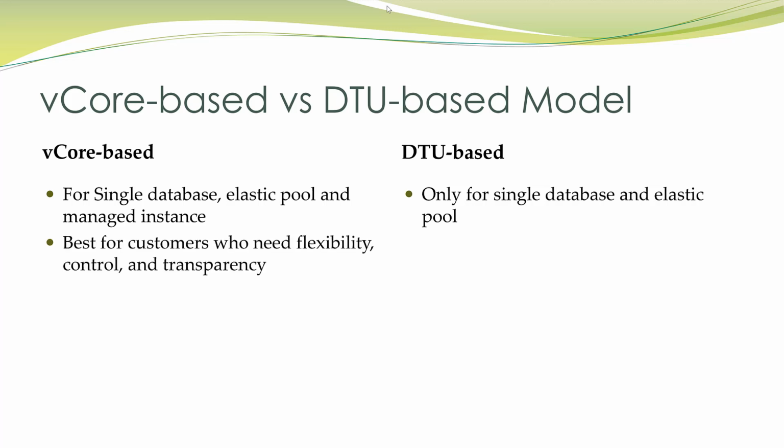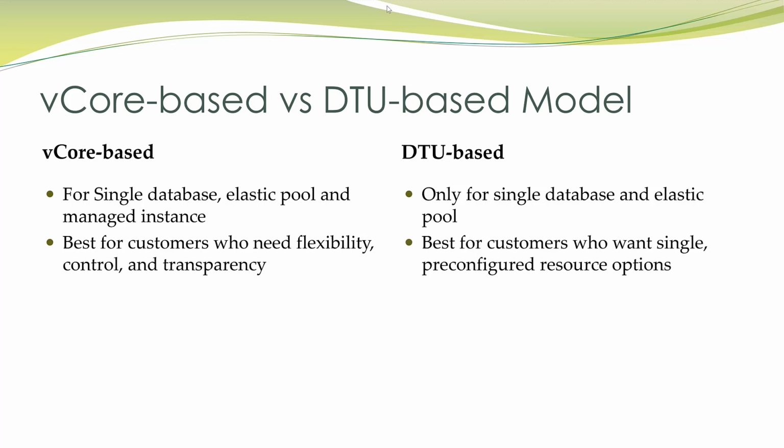The VCore-based model is best for customers who need flexibility, control, and transparency. As you saw in this model, you have the flexibility to adjust individual resources such as CPU, memory, and storage. The DTU-based model is best for customers who want simple and pre-configured resource options.